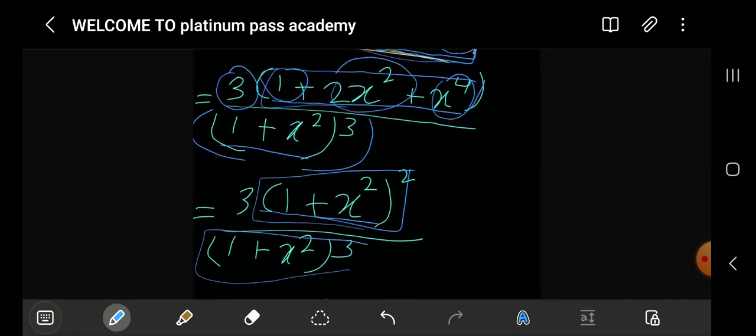You can avoid this. I know some of the students get confused by this a square b square thing.